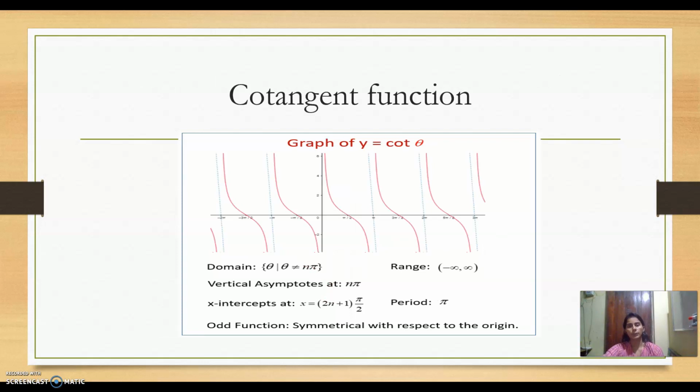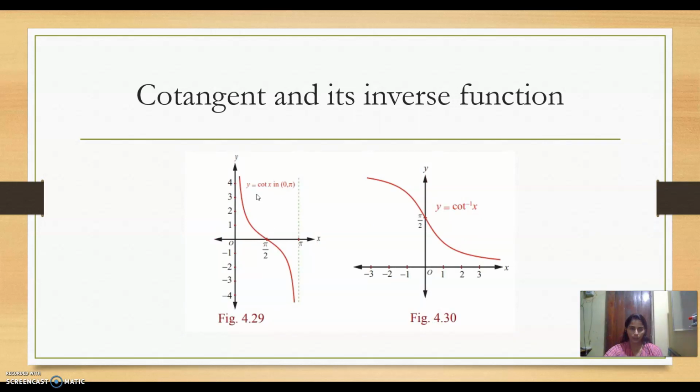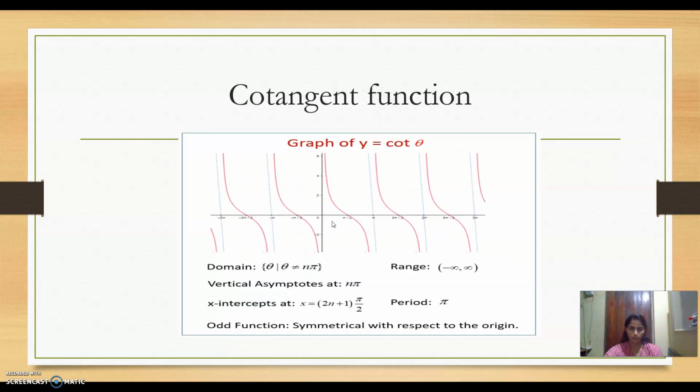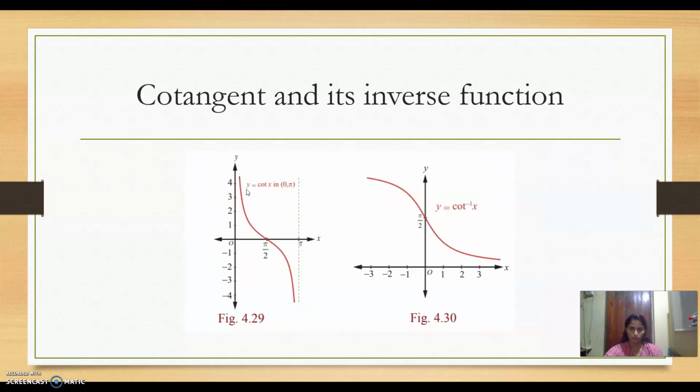The last one is the cotangent function. The graph of y equal to cot theta has domain theta not equal to n pi. This is the cotangent graph. Vertical asymptotes are at n pi. I am restricting y equal to cot theta to 0 to pi.